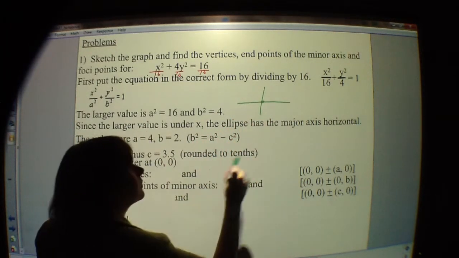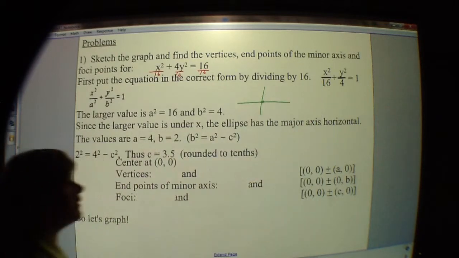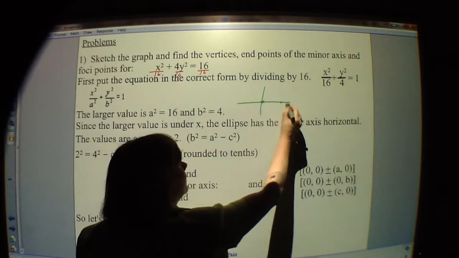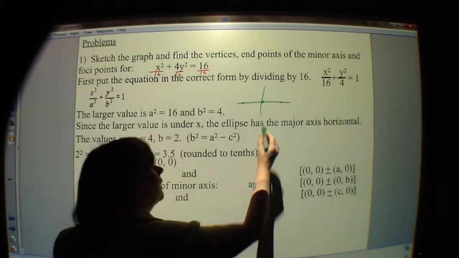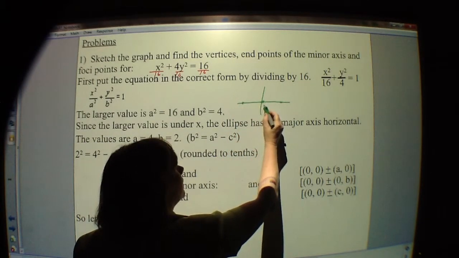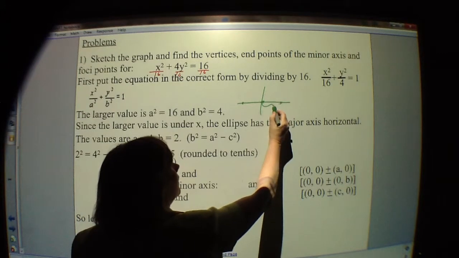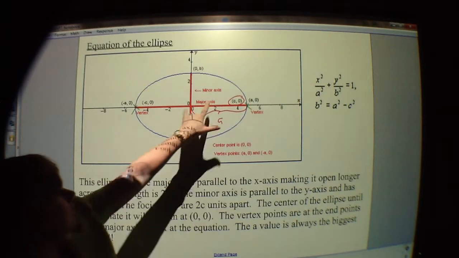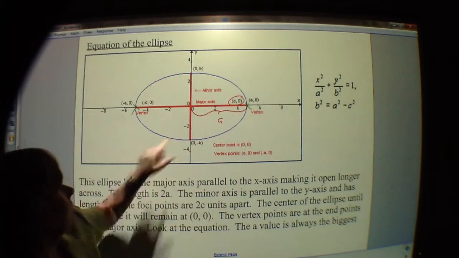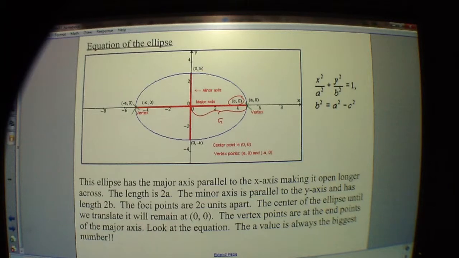Here's my center. And I go A units over, or A units over this way, and remember what A was? A units over here, or A units over there, took me to the vertices.